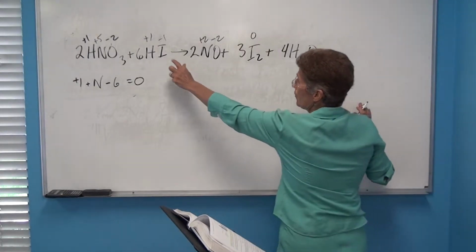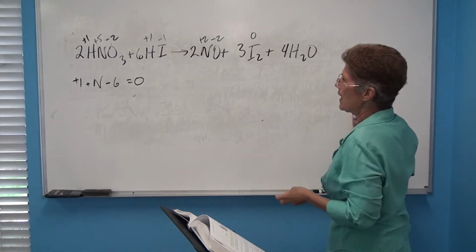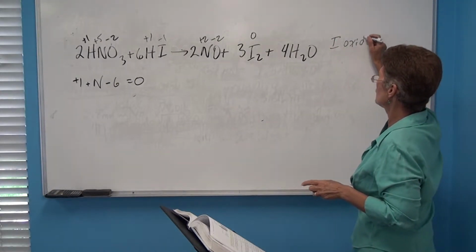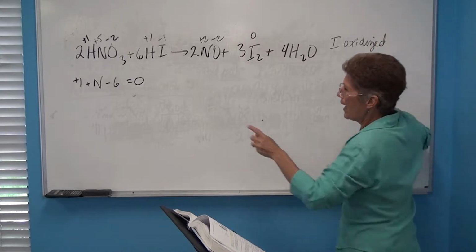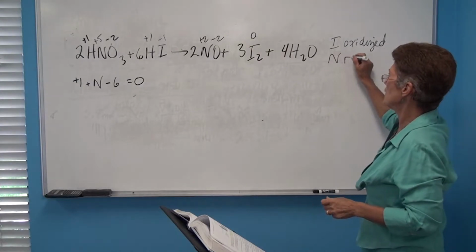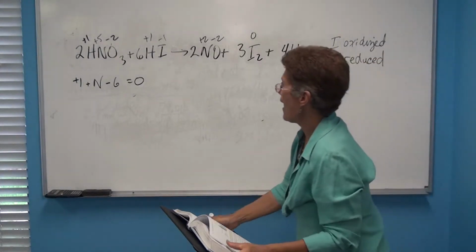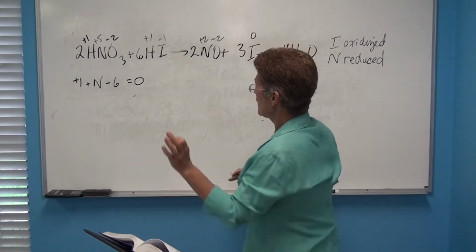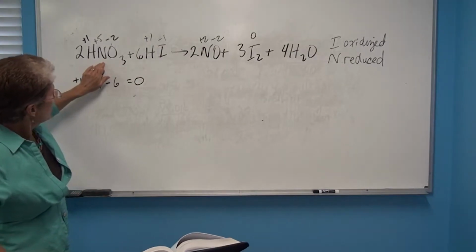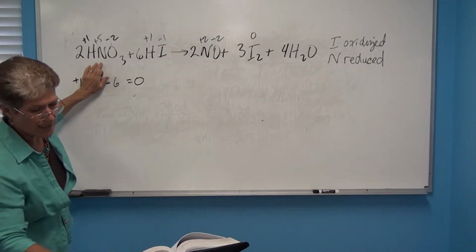What do we see here? We see that iodine went from -1 to 0, so it is being oxidized. So we know iodine is being oxidized. And we see that nitrogen went from +5 to +2, so we know nitrogen is being reduced. Okay, and so we know that this guy is receiving the electrons, and therefore it is the oxidizing agent.